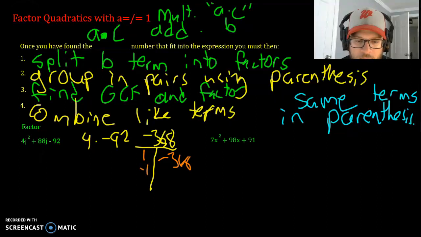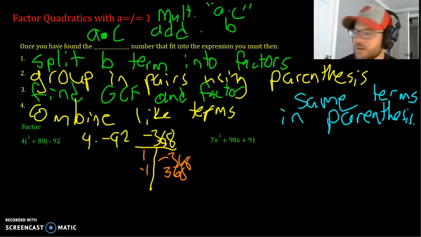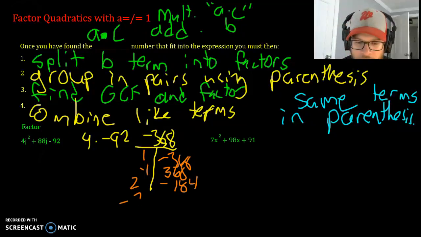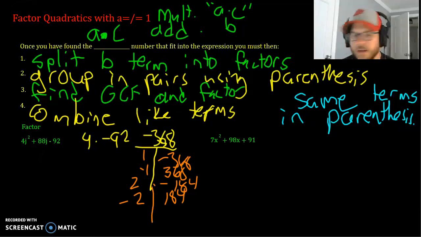We have a negative 1 and a 368. So anytime you're finding two numbers, one could be positive, one could be negative, and then you switch to get the other group. We've got a 2 and a negative 184, a negative 2, and a positive 184, since they're both even. None of these numbers add up to equal 88 yet.